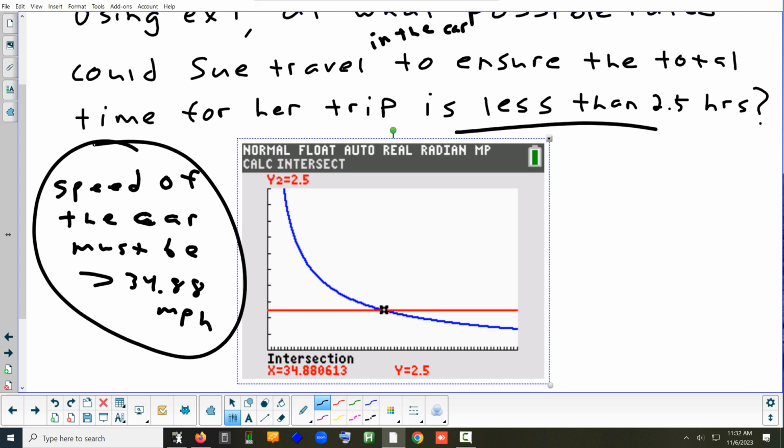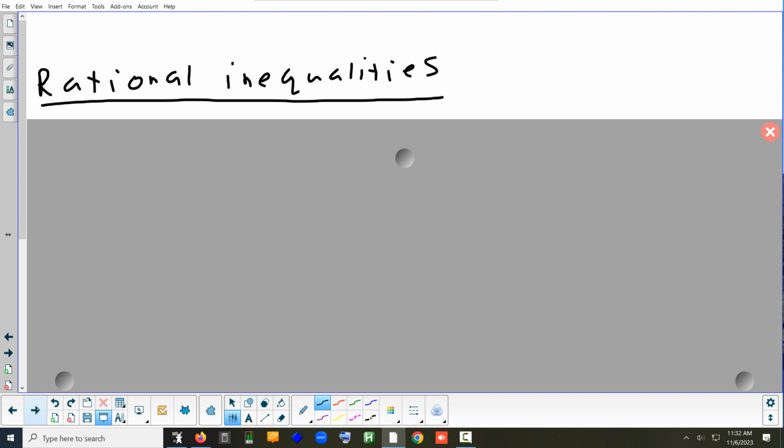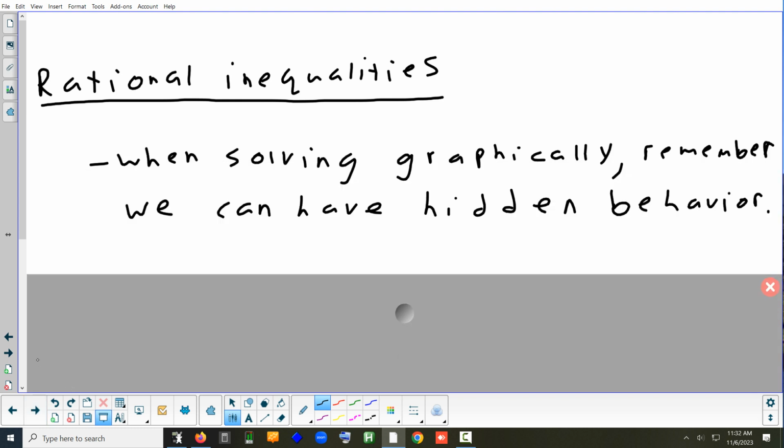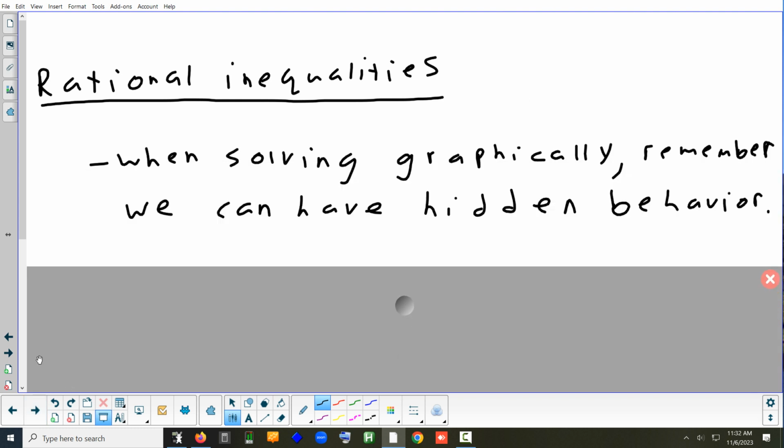So that's an example of an inequality. When we solve graphically, always remember that a graph can have hidden behavior. A good example of that was the first problem. I noticed a little dot, like 1 pixel, lit up just on the very left part of the screen.